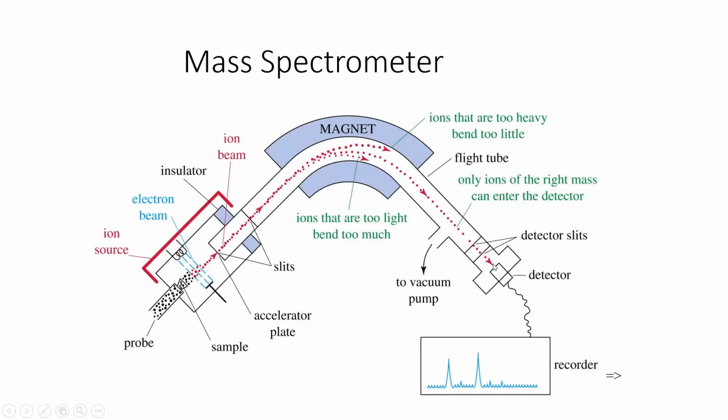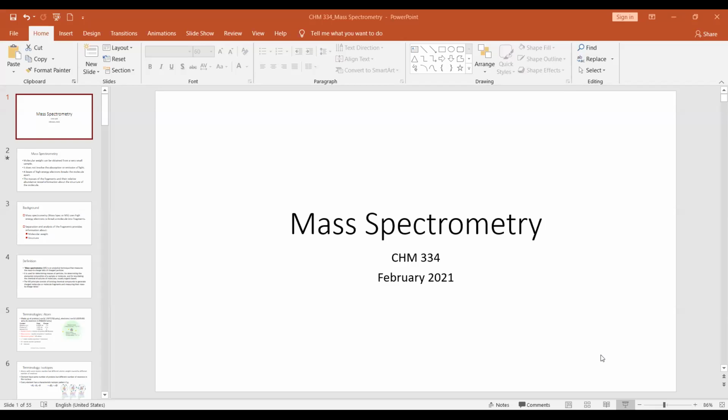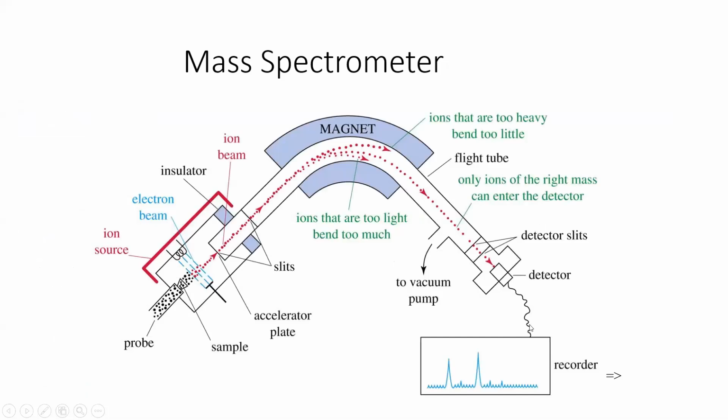So each of these ions will arrive at the detector at different times. So this is the mass spectrometer, as I said before.